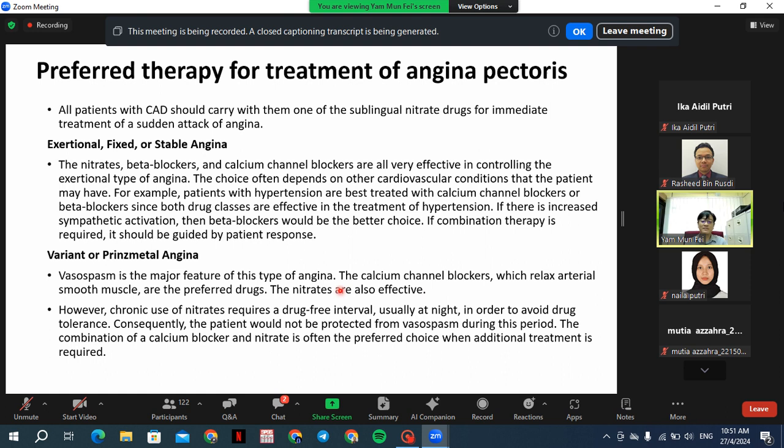You combine them together. In order to prevent tolerance, you can divide them: in the morning you take one type of drug, and at night you take another type. So you try to prevent tolerance.